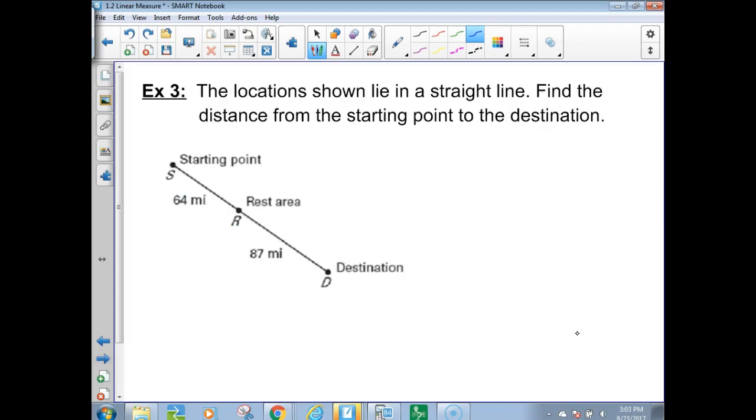So now we're going to use that property. The locations shown lie in a straight line. Find the distance from the starting point to the destination. So if we have to go from here to here, how far is that? Well, it's from S to R, 64. From the rest area R to the destination D is 87.